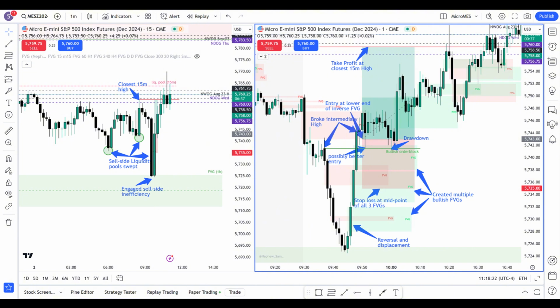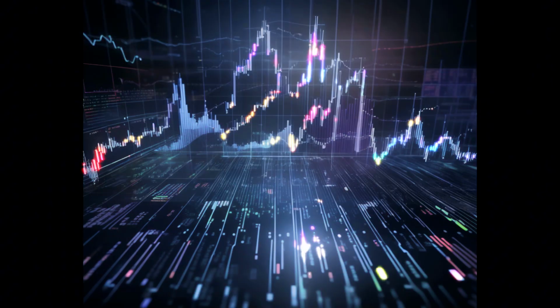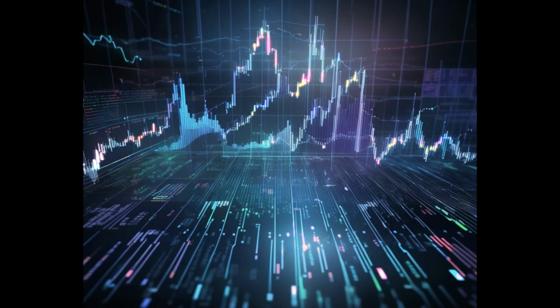And the way on how it delivers that is by applying strategies such as the power of three, which is about manipulating others to trade on the wrong side, so that it can consume their stop losses and accumulate trades, which it then distributes in a favorable place. Understanding that and learning the signs that it leaves, such as fair value gaps and liquidity pools, is the key into understanding the market and executing successful trades.